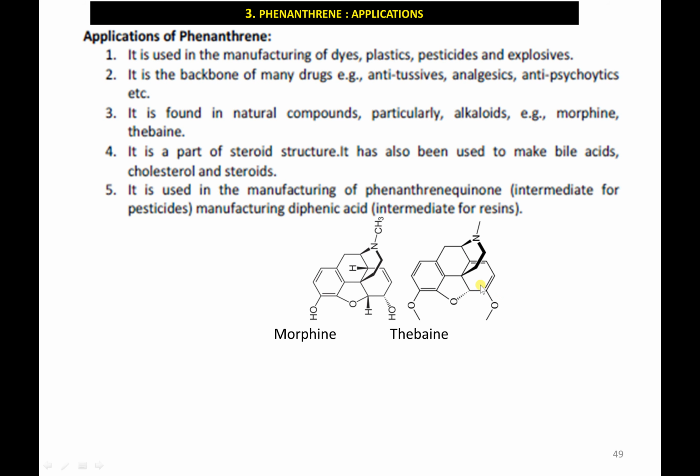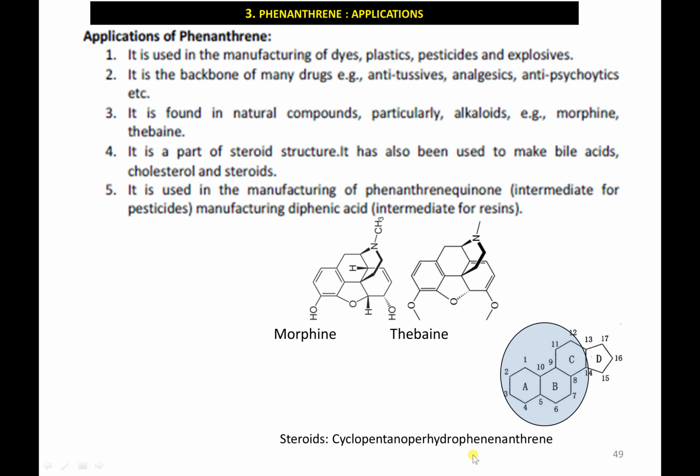In thebaine also you see phenanthrene, and in the steroidal nucleus you see phenanthrene fused with cyclopentane, so it is called cyclopentane perhydrophenanthrene. This phenanthraquinone is a very useful intermediate for pesticide manufacture.